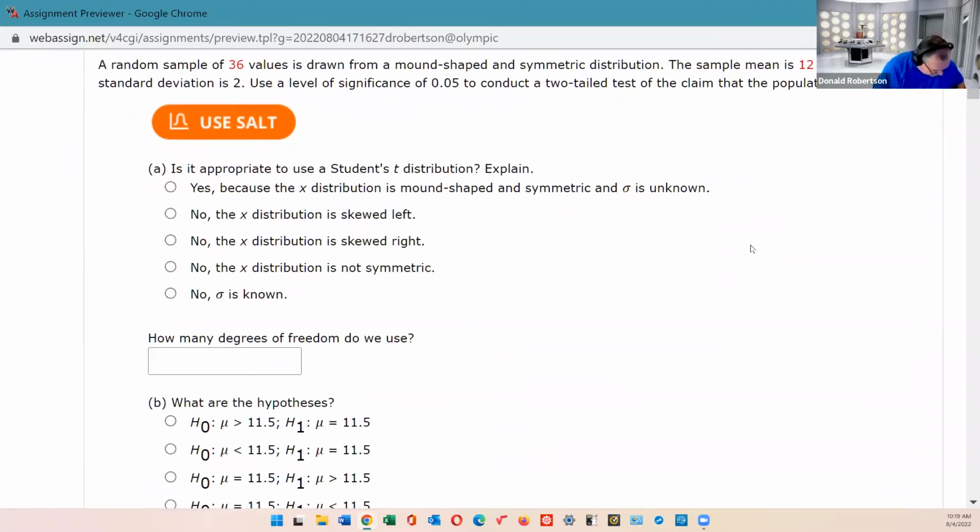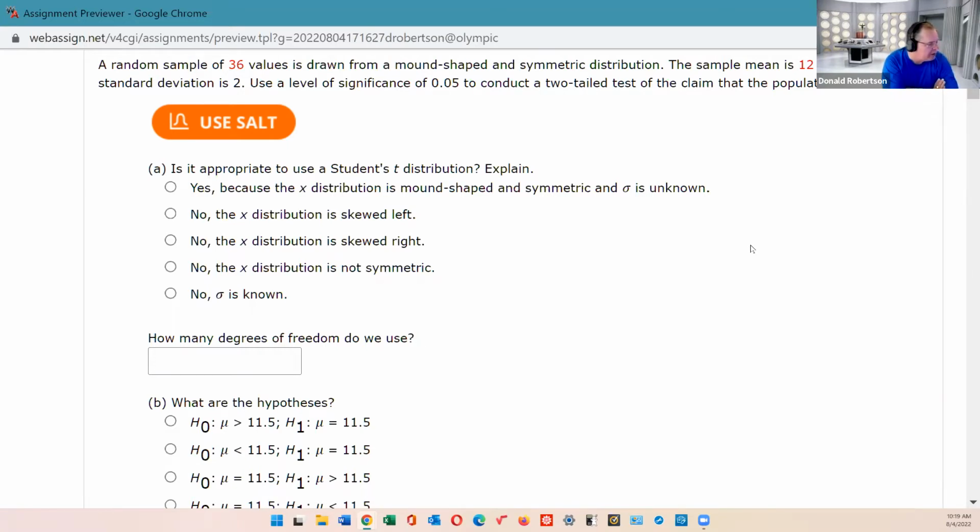So we've done a little bit of theory, not much. So let's look at some stories. A random sample of 36 numbers is drawn from a mound-shaped and symmetric distribution. That's nice, right? So the population is normal.